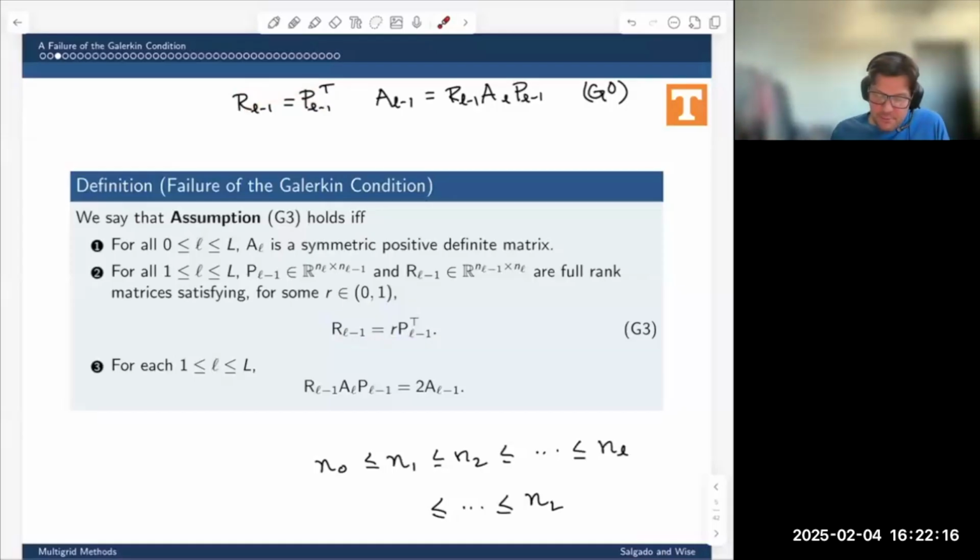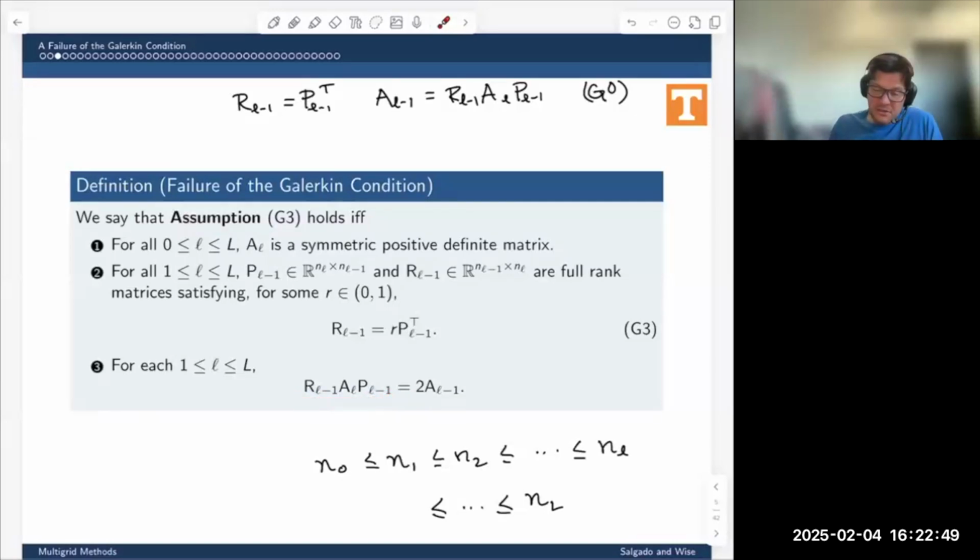Now for this G3 assumption, which I'm going to call the scaled Galerkin condition, we're not going to have the RAP condition anymore. We're going to have that the stiffness matrix on the coarse grid times 2 is equal to RAP. Or in other words, the coarse grid stiffness matrix is equal to 1/2 of the RAP.